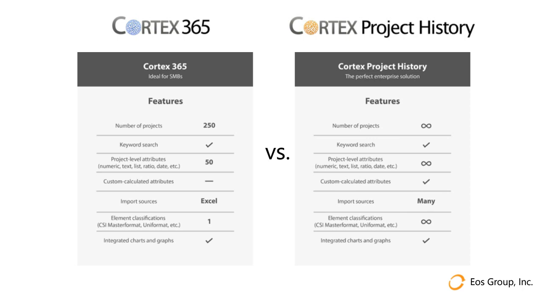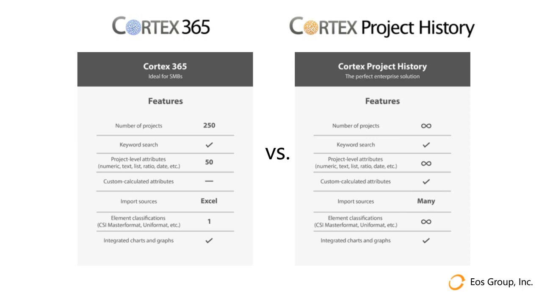But let's go through some of those high-level features. We have a limitation on the number of projects, the number of attributes or project characteristics that you can define, and the import sources. For example, in 365, it's just Excel, whereas in the enterprise solution, we have tightly coupled integrations with upstream and downstream systems. So those are important changes.